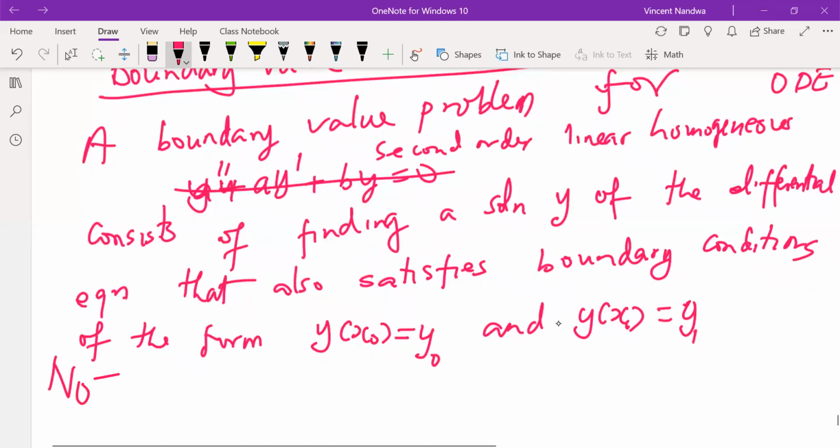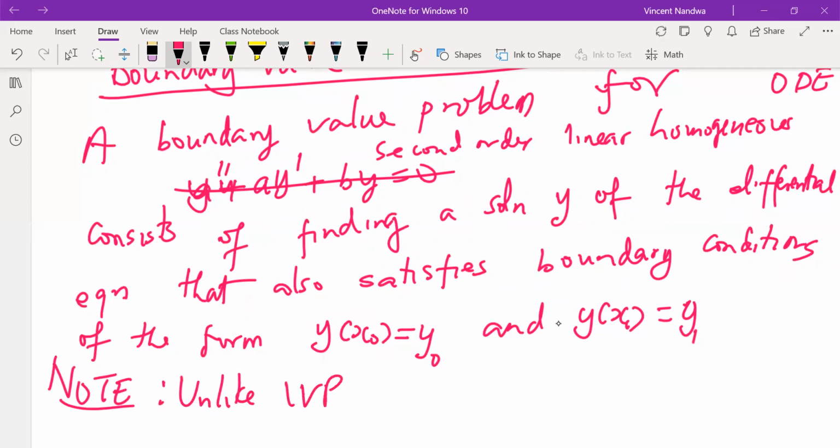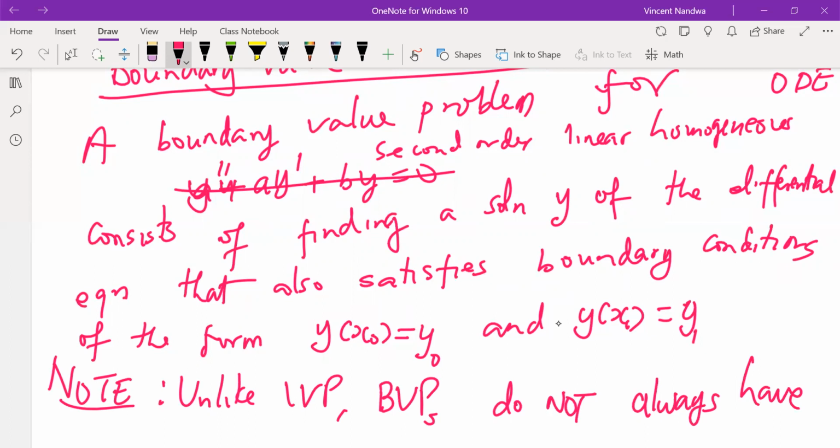But unlike initial value problems, boundary value problems do not always have solutions.